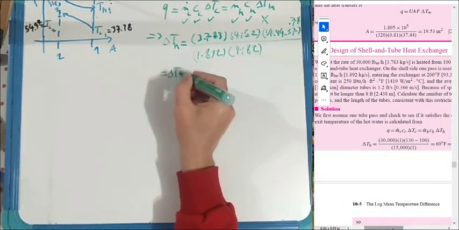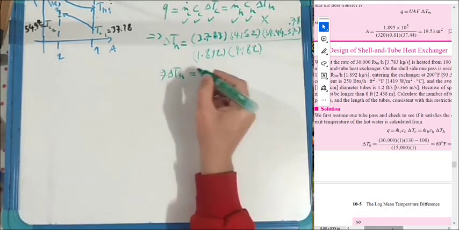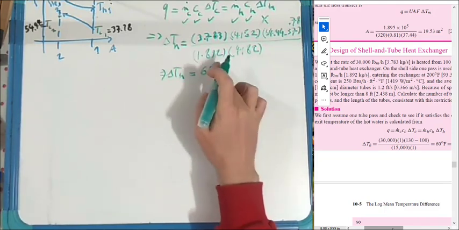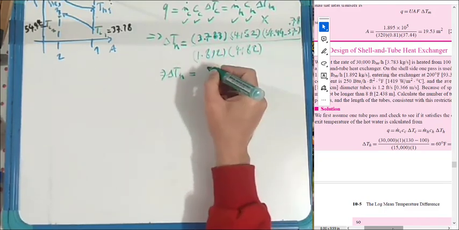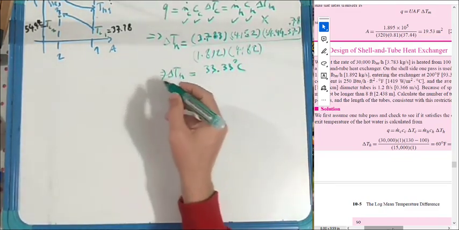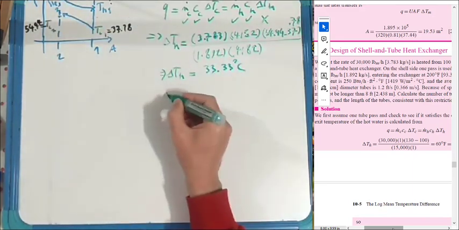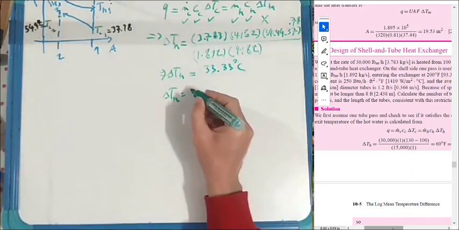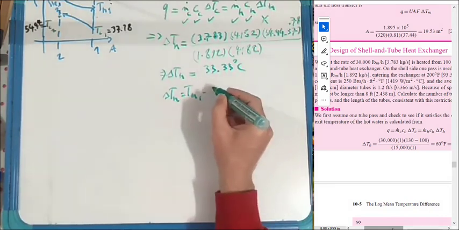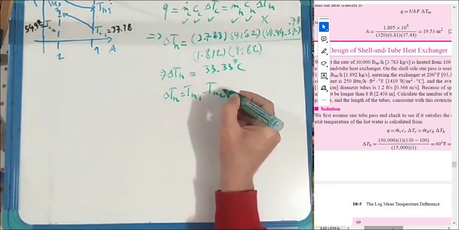Then delta TH will be 33.33 degrees Celsius, and we have this temperature because delta TH equals TH1 minus TH2.